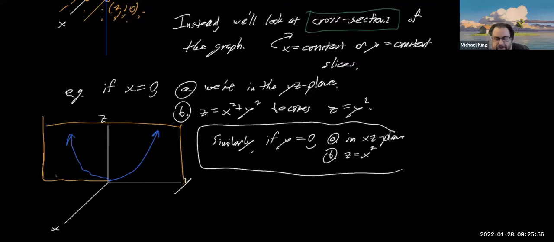But we can take other x equals constant slices or other y equals constant slices. So if x equals 1, first, we're in a plane. There's a plane x equals 1, right, which is sort of parallel to the YZ plane.